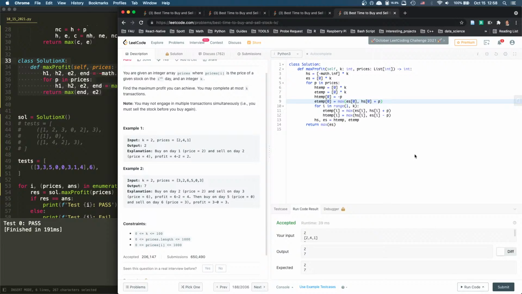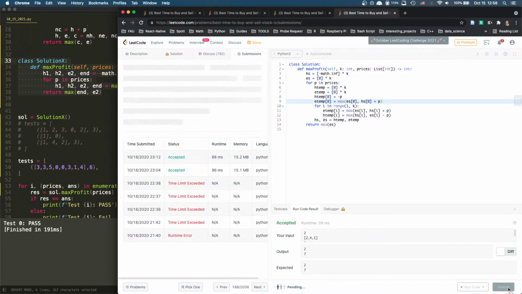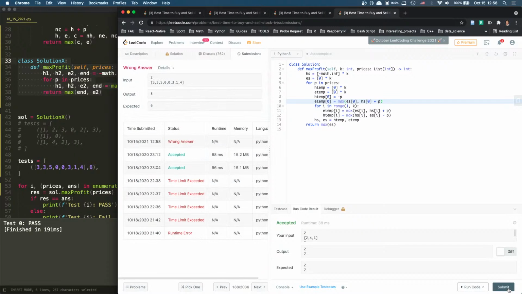Can we simplify this? I don't know how to simplify this. Let's just try this. Another attempt. Ooh, wrong answer.